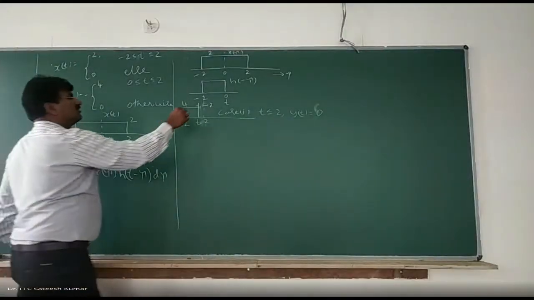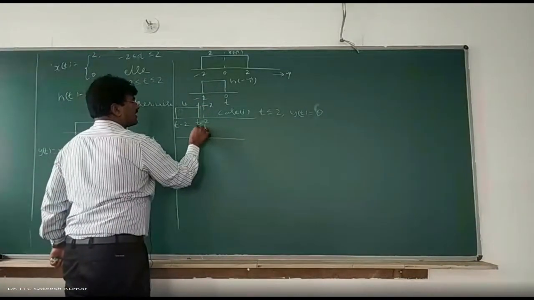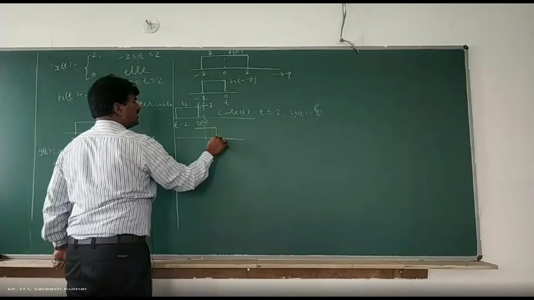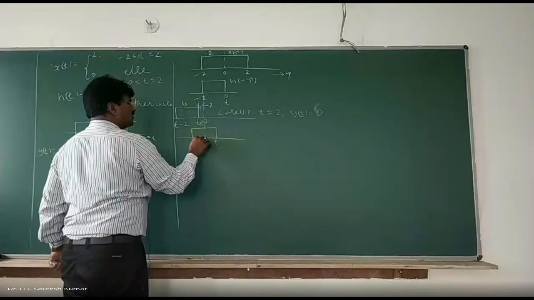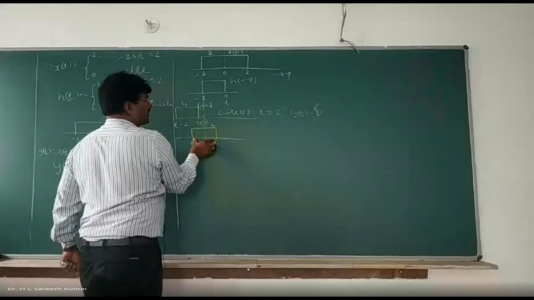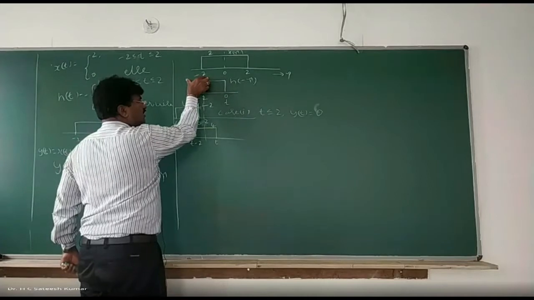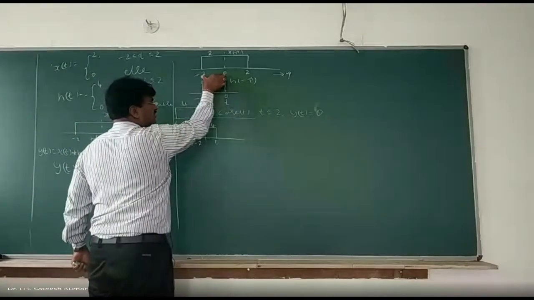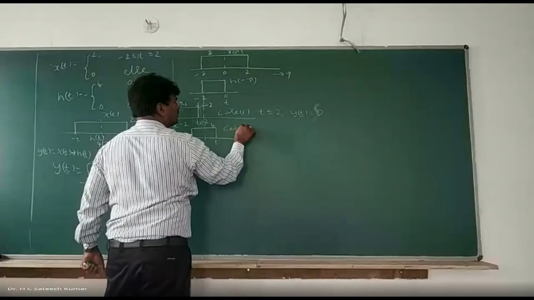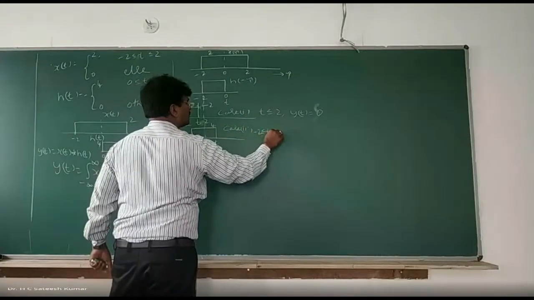Next, as long as this is t, this is t minus 2, this amplitude is 4. The width of the second one is 2. Therefore, as long as it is moving between -2 to 0, the area goes on increasing. So case 2: t lies between -2 to 0.